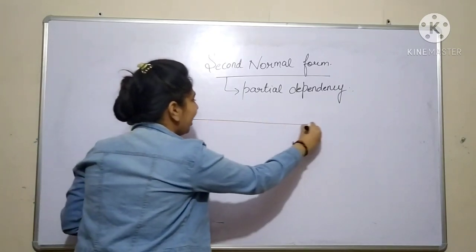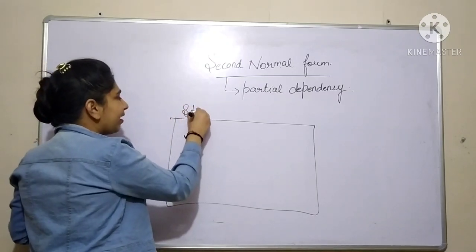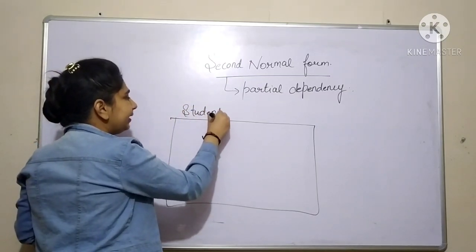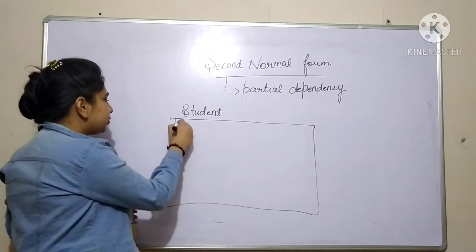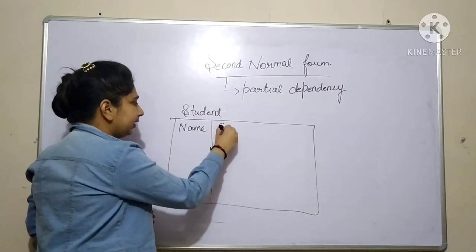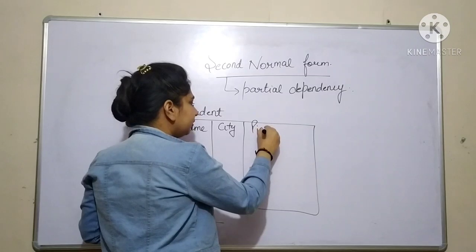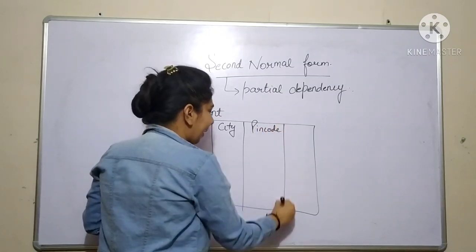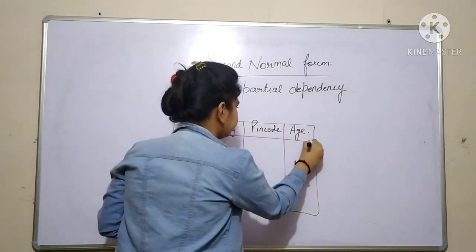Let's suppose we have a student table, and I am storing name, city, pin code and age in this relation.